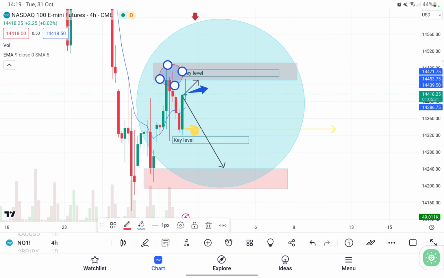So because price is failing to go past this point, we are left with two options, meaning that this cannot be an opportunity to buy. This can only be an opportunity to sell or to stay out of the market. And what we're going to use to identify whether we're going to stay out of the market or we're going to sell will now be volume and our patterns.